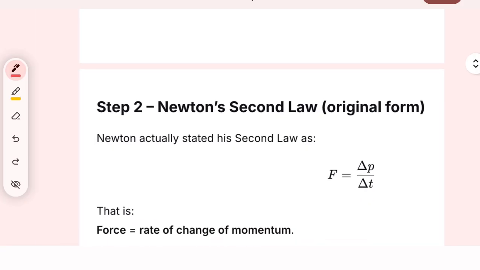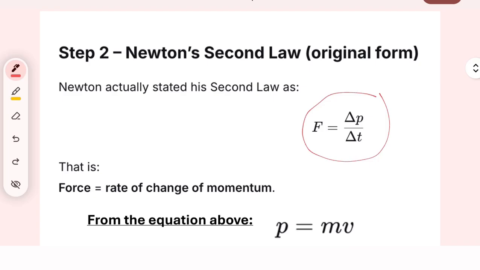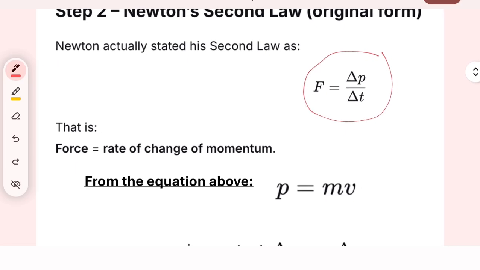So step number 2: what is Newton's second law? The second law of Newton states that the force is equal to delta p over delta t. It means that the force is actually the rate of change of the momentum.